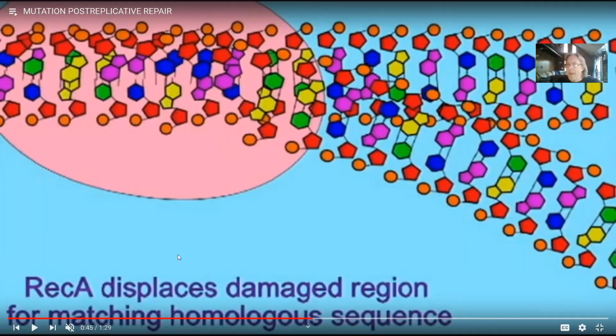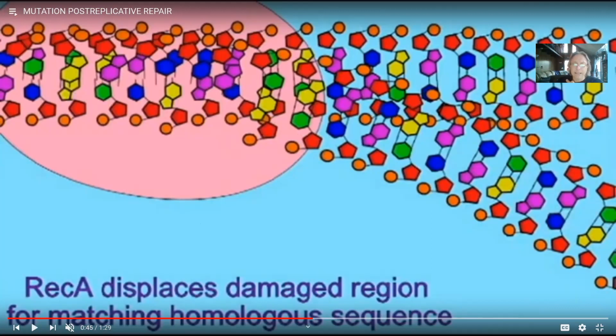When it finds a matching sequence, it will cut one of the two good molecules. So once again, there was a good strand, an undamaged strand, that was then replicated. So now on the top strand, there are two correct sequences. RecA will cut one of them and then replace that newly cut one with the damaged strand.